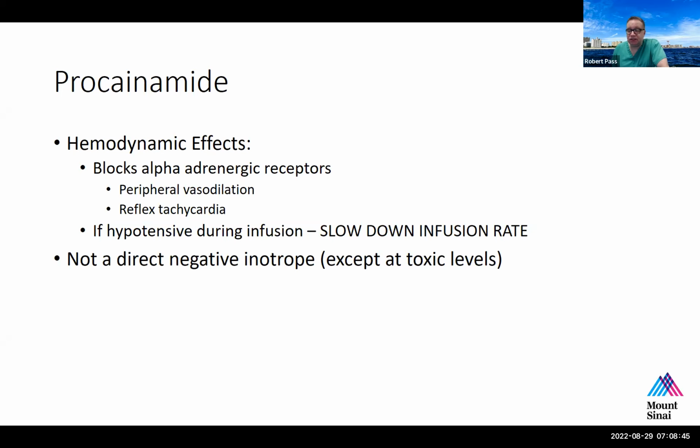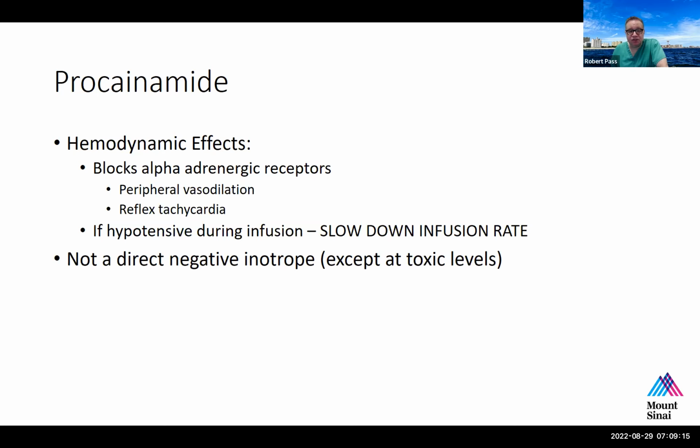But importantly, it is not a direct negative inotrope except when it's toxic. And in fact, of all the IV antiarrhythmic agents, with the exception of sotalol, which was not compared in the study that I'm referencing now, procainamide has the lowest negative inotropy. So it's actually a very good medicine in post-op patients who already have suppressed function related to maybe a big operation and a long bypass run.